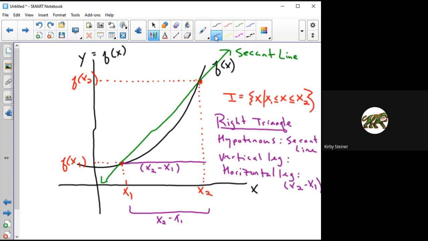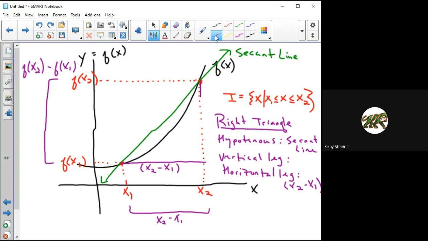Now the vertical leg of our triangle is given by the difference over here. And we know that this is going to be f of x2 minus f of x1. Right, that's the distance between these two points.